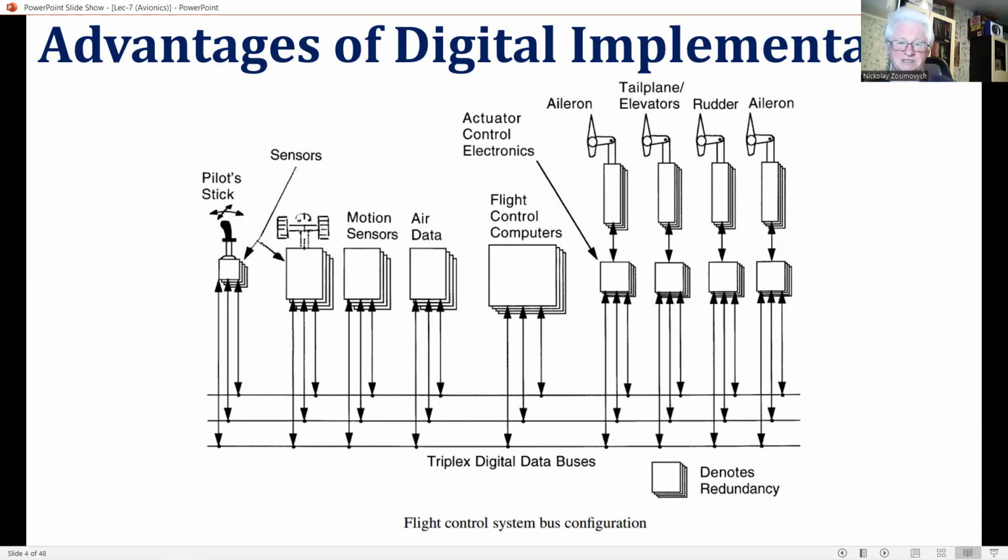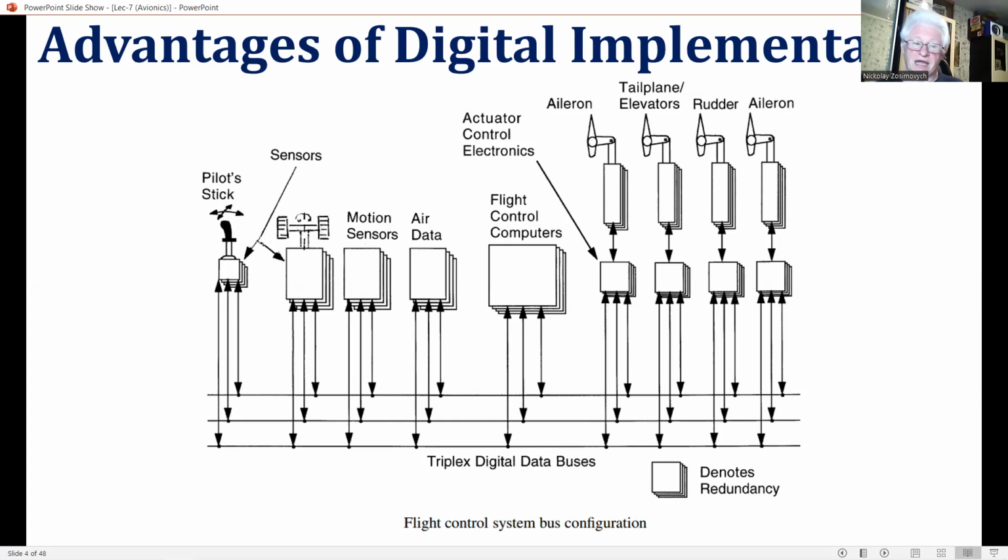I hope you agree with this statement, right? Okay, and the reduction in hardware weight and volume is of the order of 5 to 1 for a system of even modest complexity. The more complex systems could not be implemented economically using analog technology.